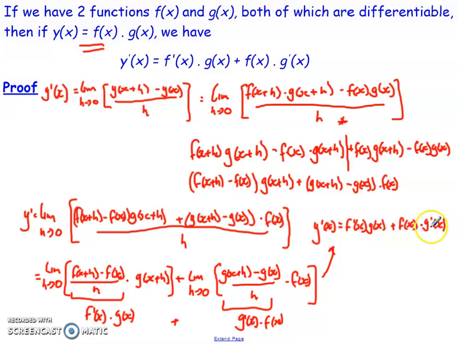Sometimes you'll see very shorthand versions of it written as y dashed equals f dashed g plus f g dashed, or this second one may even be swapped around. So again, I've seen it written f dash g plus g dashed f. They're all the same format and they all mean the exact same thing.